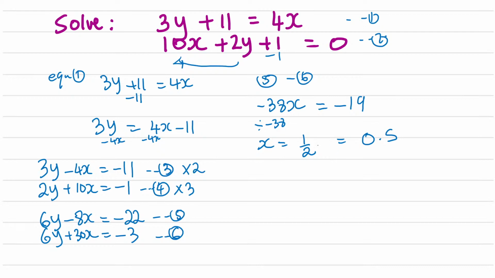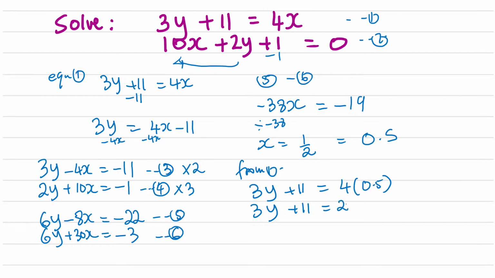Now what we can do is use equation 1 to find y, okay? So what do we have? From 1, we have 3y plus 11 equals 4 times x, which is 0.5. So we have 3y plus 11 equals 4 times half, that gives you a 2.